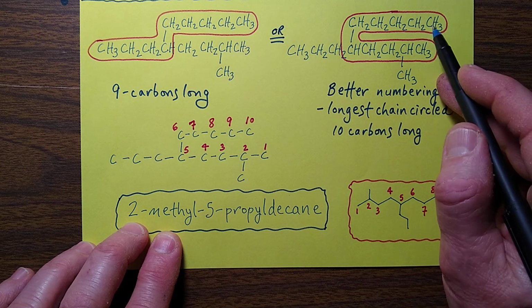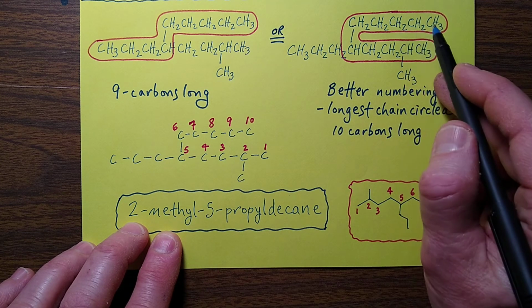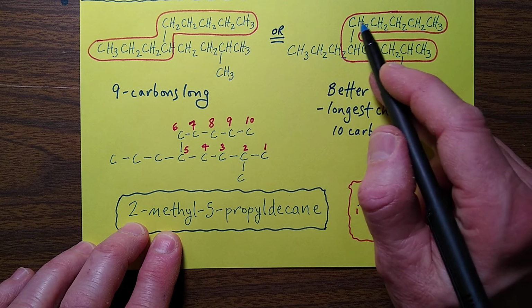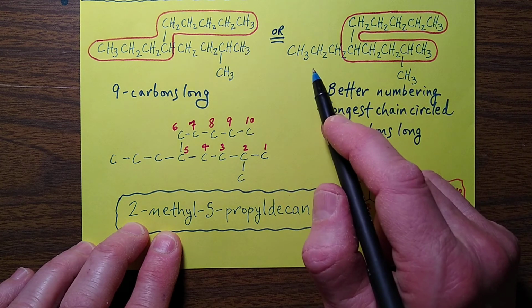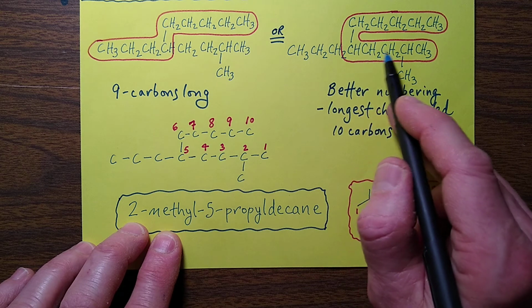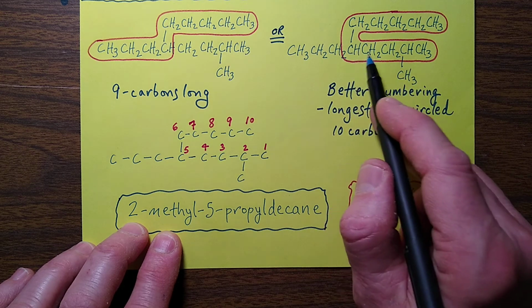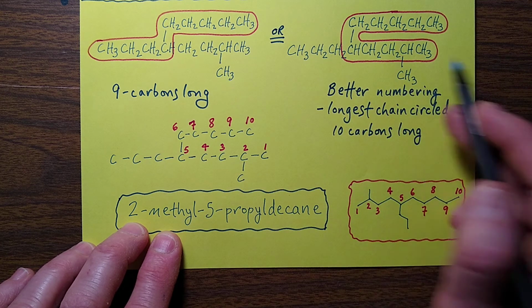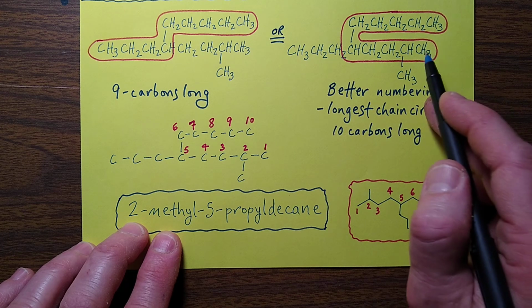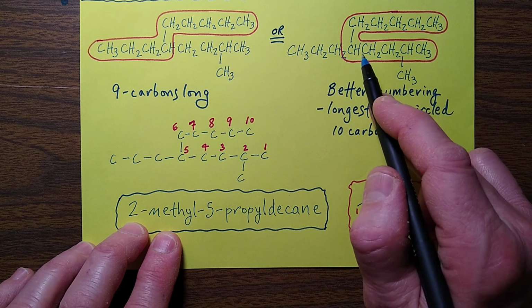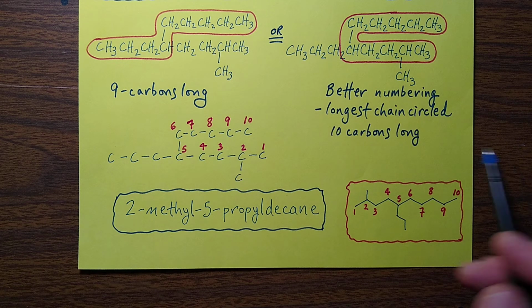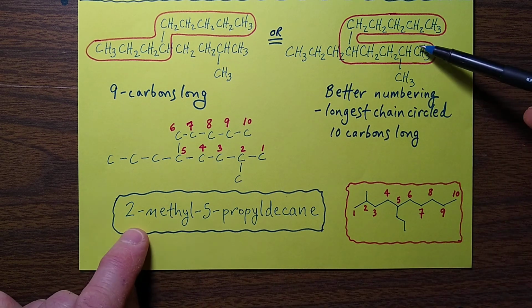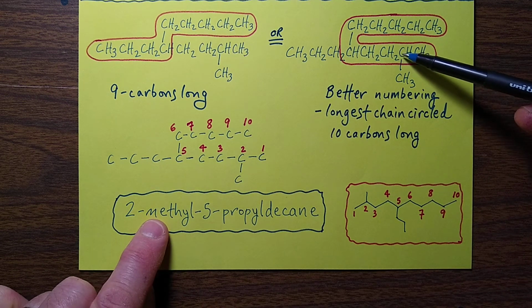So if I numbered from this end, my first branch would not be until 1, 2, 3, 4, 5, until the 6th. And then this would be 7, 8, 9. 6, 7, 8, 9. Nope. This is clearly lower. 1, 2, 3, 4, 5. 2, 5 is better. So at the second carbon, there's a methyl group.